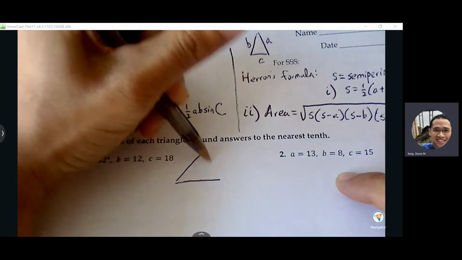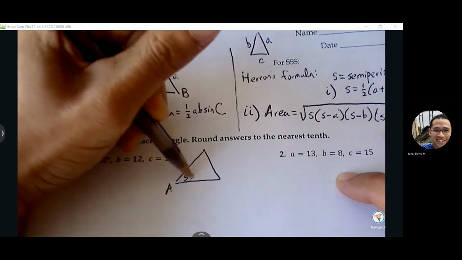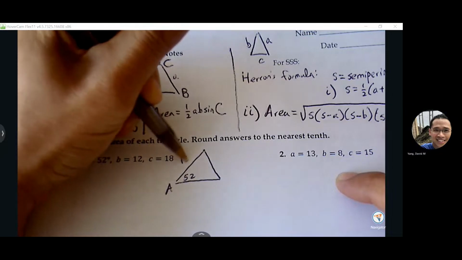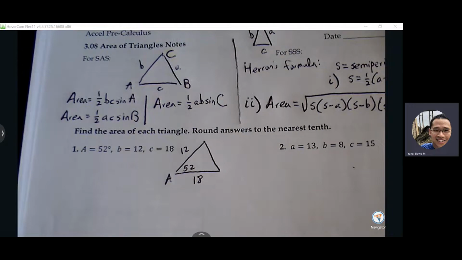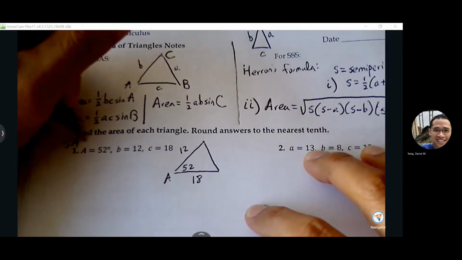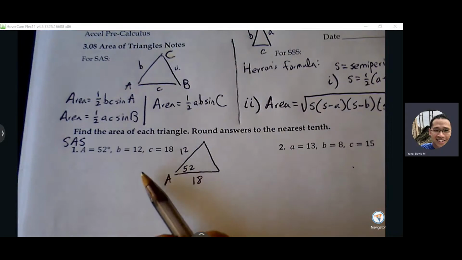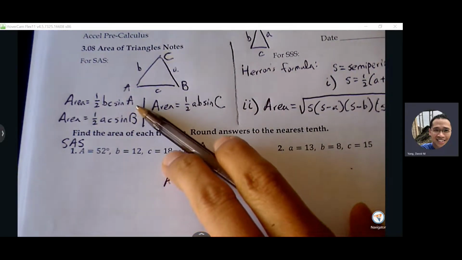It doesn't tell you that it's side angle side, but if you create the triangle, you can see that it is, because once you fill out the sides and angle, the angle is clearly sandwiched between the two sides, so you know you're dealing with a side angle side. And I can just use the formula that I have information for.